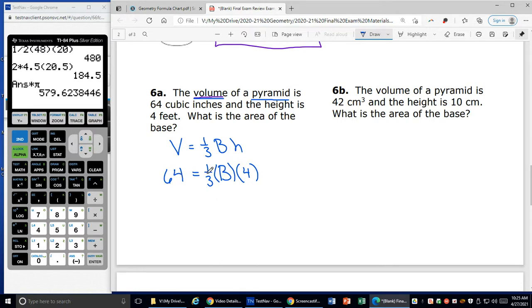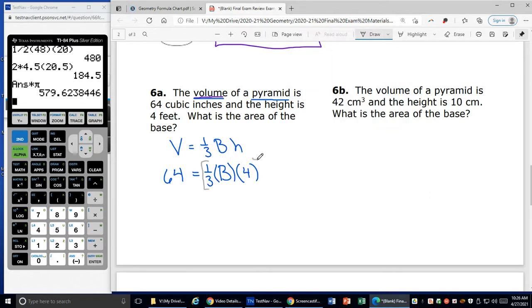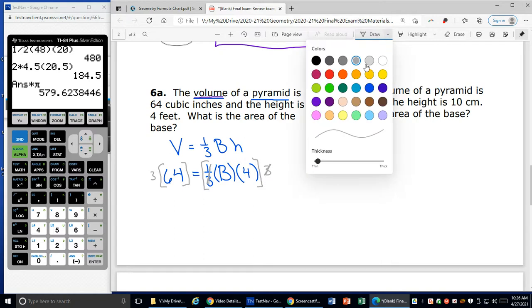Okay, so the first thing you might want to do is get rid of this 1/3, or if this number here was divisible by 3, I might do 1/3 of this number, but it's not. So let's go ahead and get rid of that 1/3. To get rid of the 1/3, what I'm going to do is multiply both sides by 3, and that way I don't have a fraction anymore. 3 and 3, and that's going to cancel there.